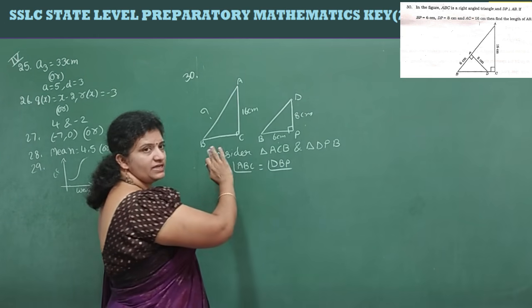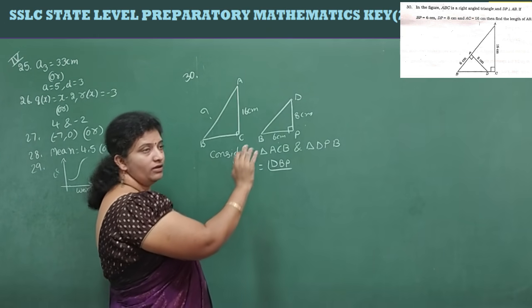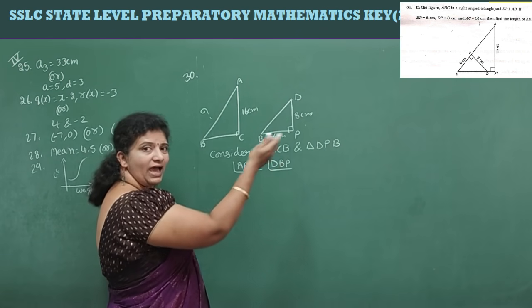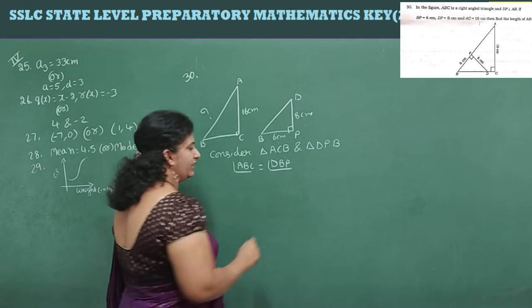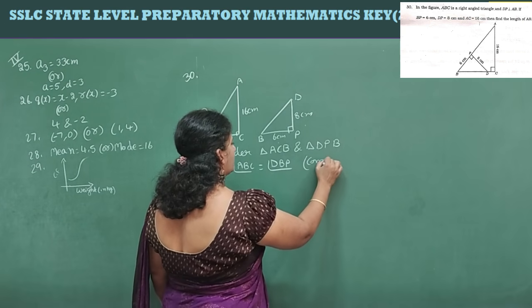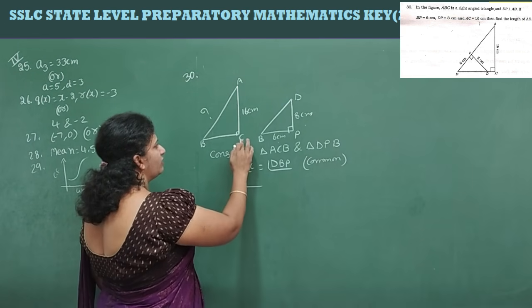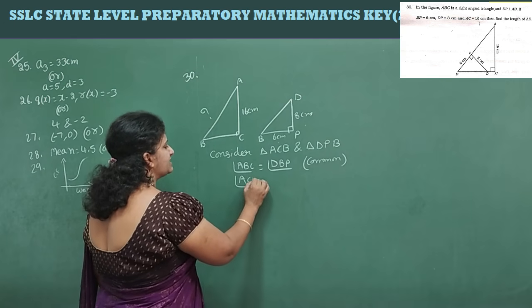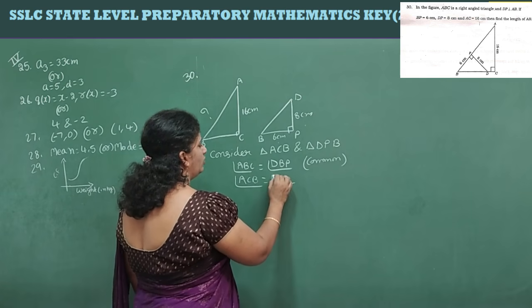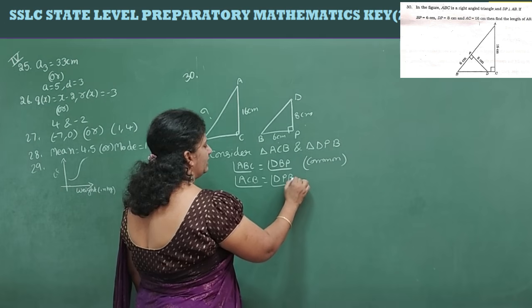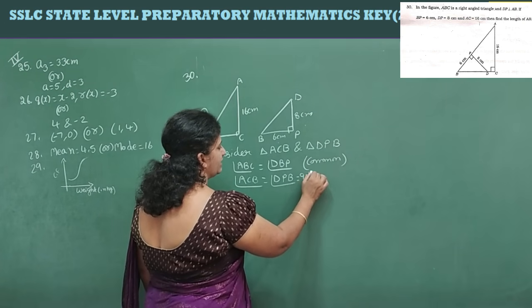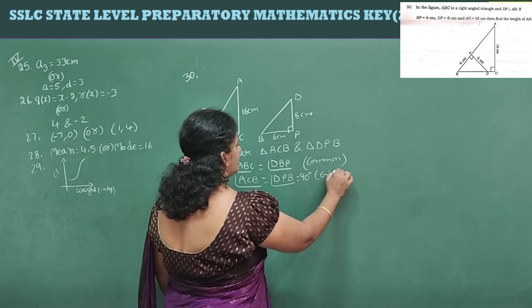Suppose if you are seeing in separate figures, it is not common, but in the original figure angle B is common for the two triangles. So what are you going to write here? Common. And next, one more angle. What is that? Angle ACB is equal to angle DPB, is equal to 90 degrees. This is given.